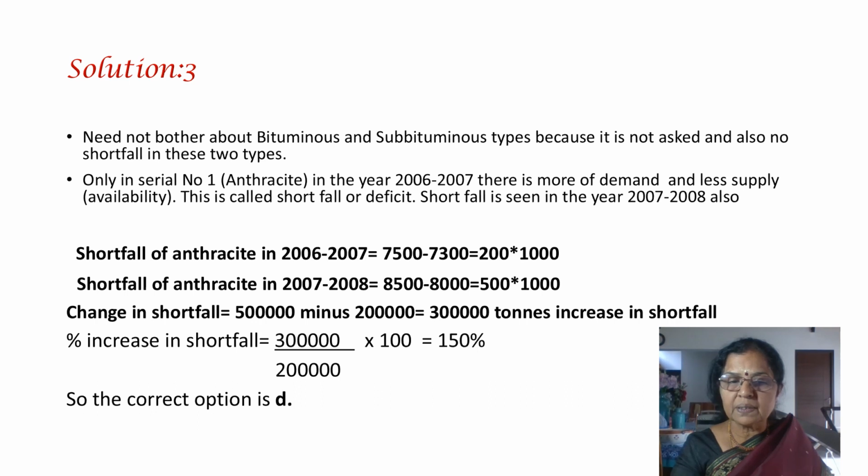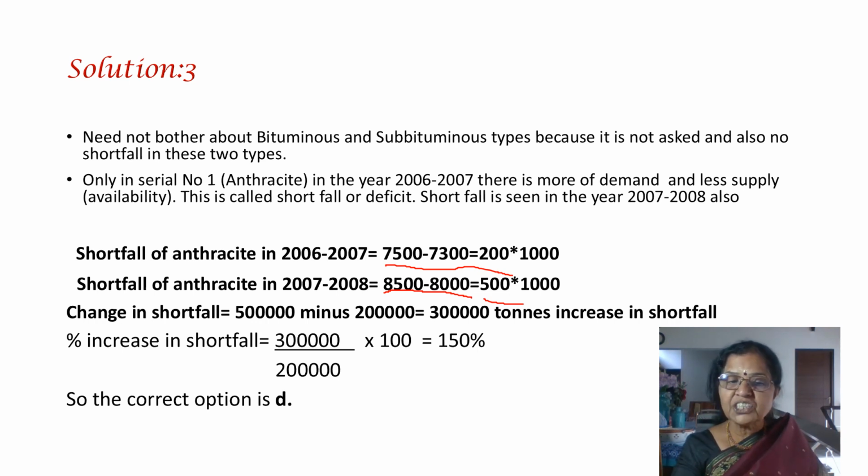In 2007-8 the deficit is greater, where the deficit is 8,500 minus 8,000, because the demand is 8,500 and the supply is only 8,000. So what is the deficit? 500,000. And the previous year the deficit is only 200,000 tons. So the deficit is greater in the year 2007-8, the second year.